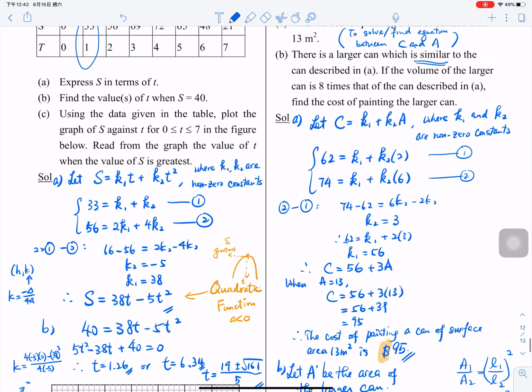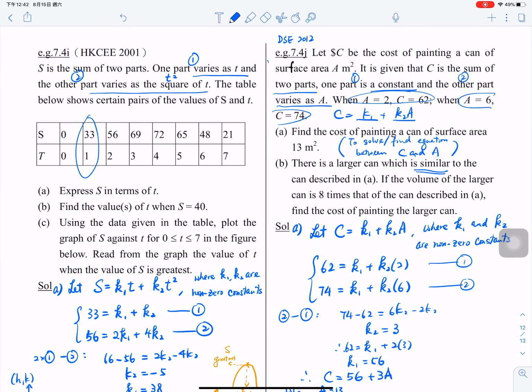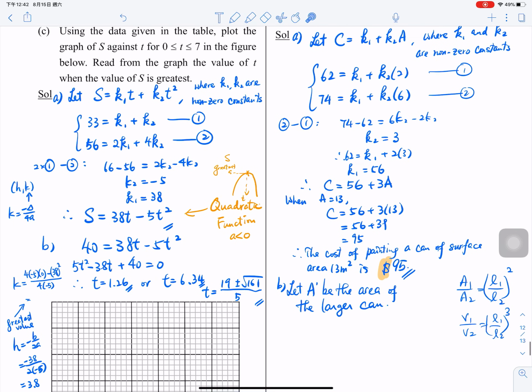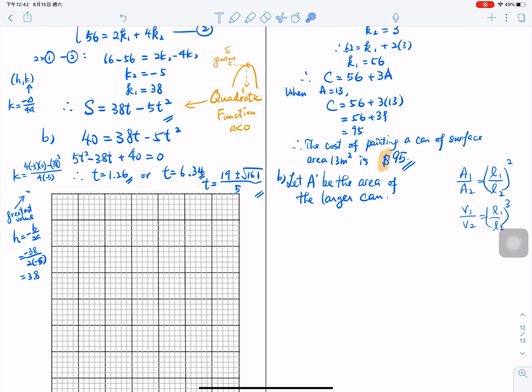So for this one, you see that the larger can is similar to the can described in A, and the volume is 8 times that described in A, so that means 1 to 8, the smaller one and the larger one.